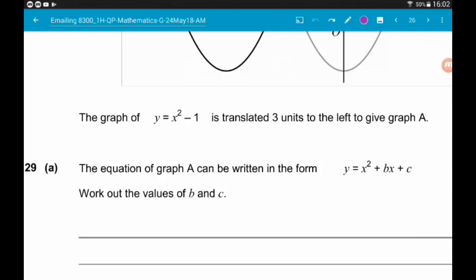We want to find the values of b and c. So this comes down to graph transformations, which is pretty tricky stuff. I do have videos on it. Links will be down below in the description.